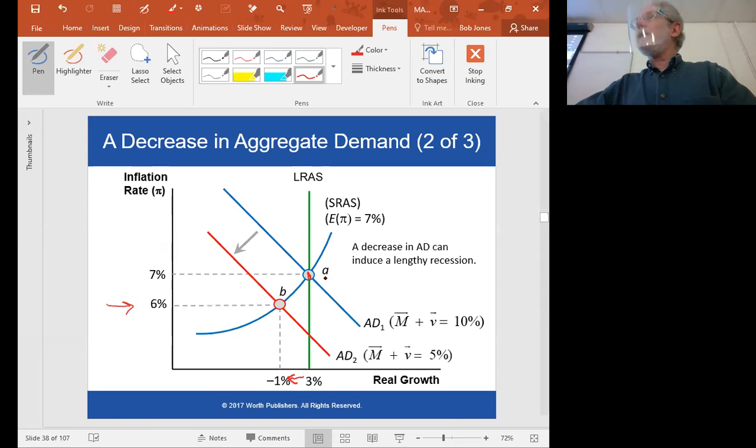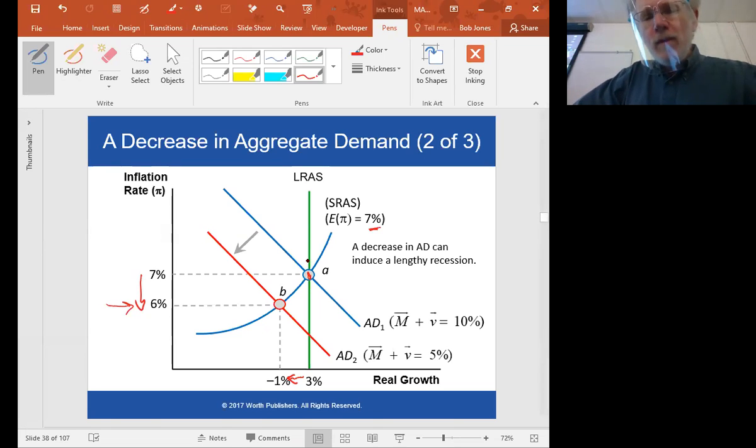We would have stayed there if the inflation rate had been what everybody was expecting. But if it turns out that we get less inflation than people were expecting, then that's bad for businesses. That reduces profit margins. And so firms have an incentive to cut back on output.